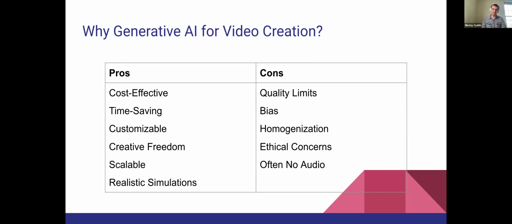So you will get biased results. For example, if you try to generate an engineer, most of the time they are male because it's a common bias in the training data. So yeah, keep it in mind.